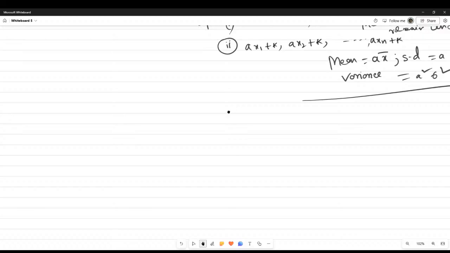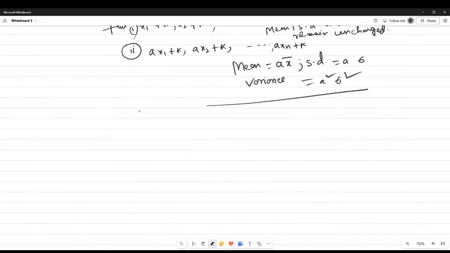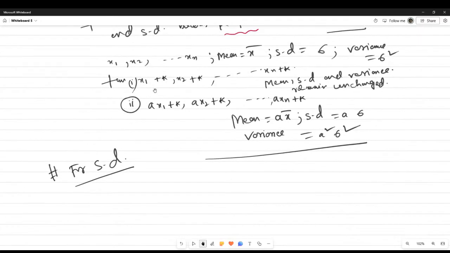Another very important property of standard deviation you should remember, for SD, is the change of origin, which in fact I have told you, but if it comes in this language: the change of factor will change the SD, but change of origin will not change the value of SD.